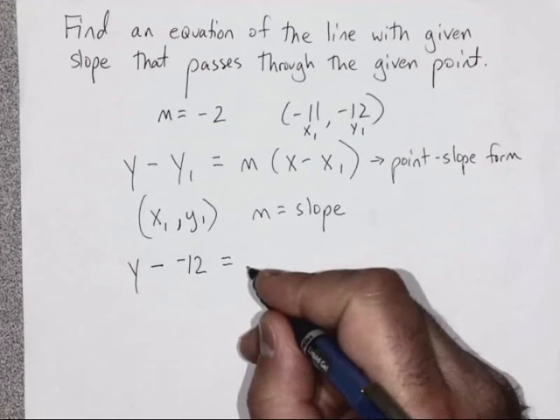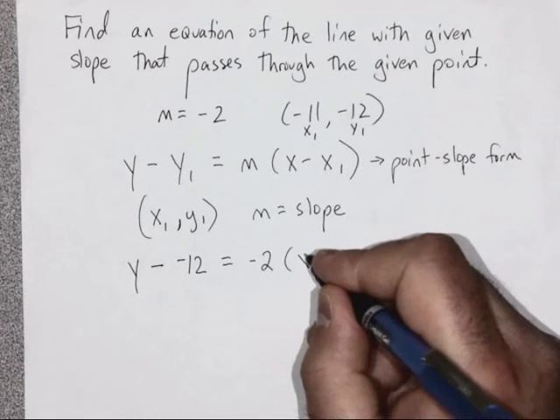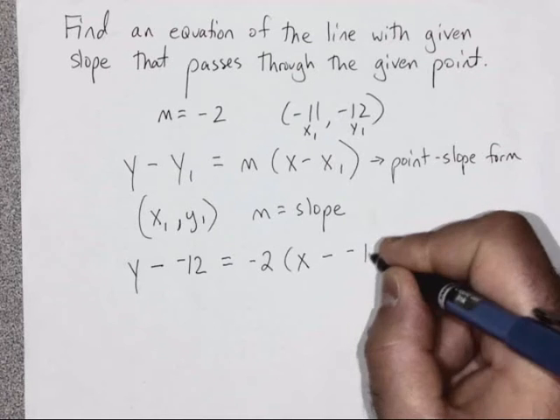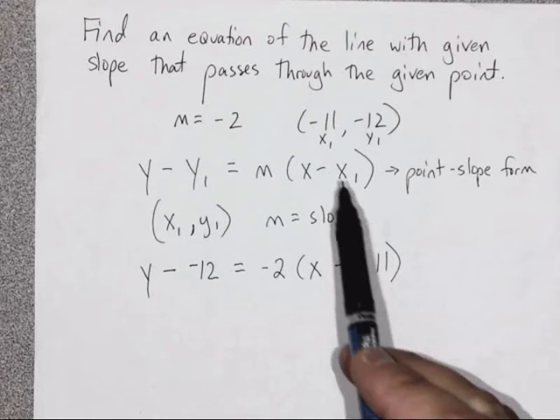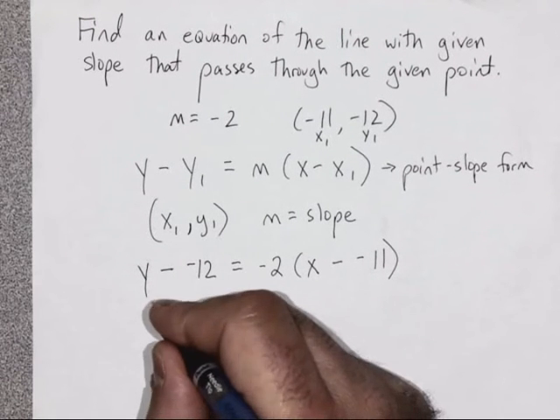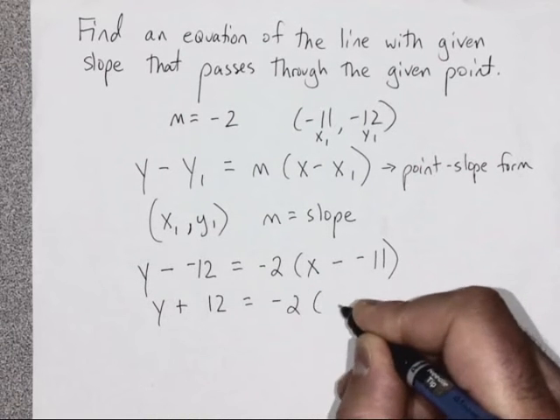I'm going to substitute the value of m in here, and I'm also going to substitute the x-coordinate. And you've got to be careful of signs here. I have a subtraction, and then I'm plugging in a negative. So those double negatives are going to turn to positives.